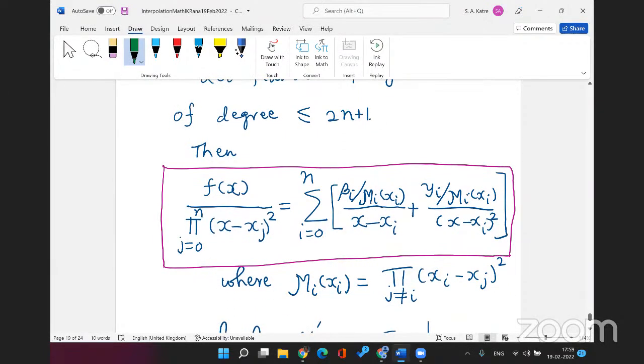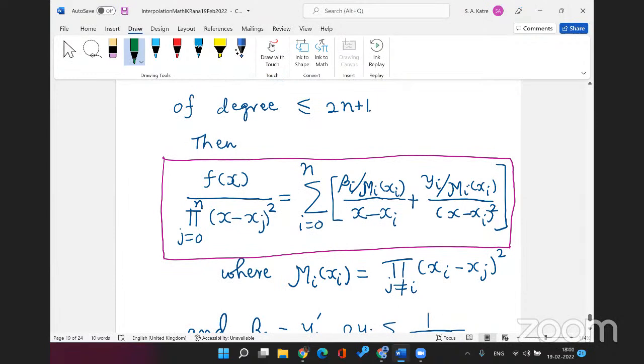So this is the partial fractions formula, and I think you will be confident in integrating such a thing. f(x) is a polynomial of degree less than or equal to 2n plus 1. If it is divided by this thing, then you can integrate this very easily by using this formula.